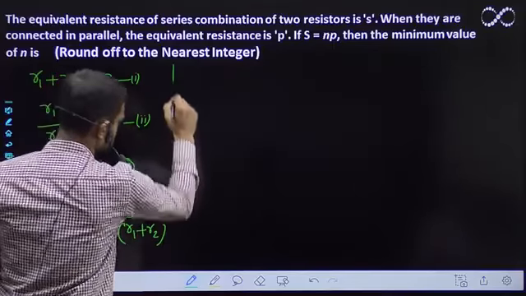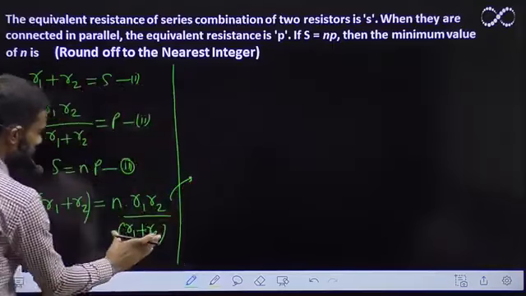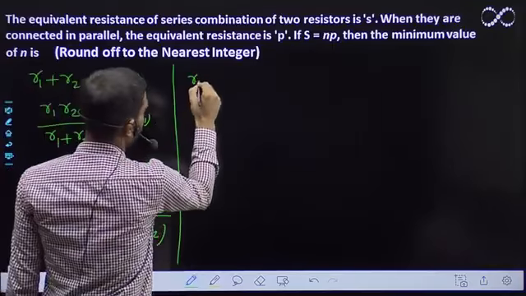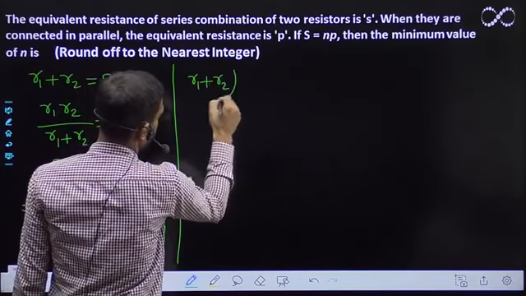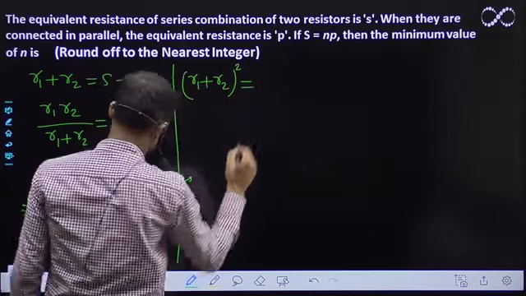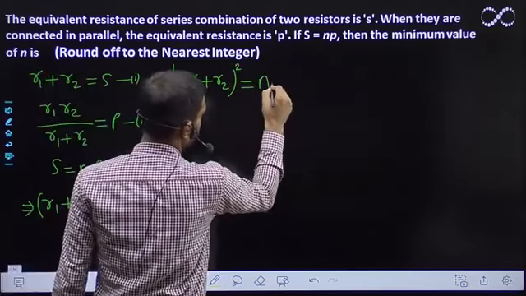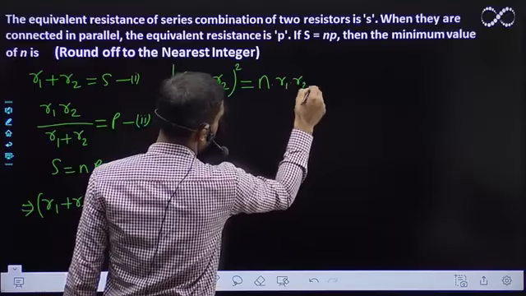Good. Now I can take this one this side. So this will become (R1 plus R2) squared is equal to N R1 into R2.